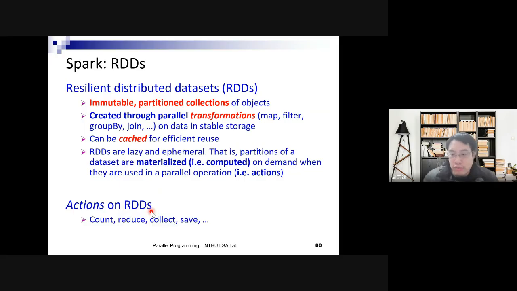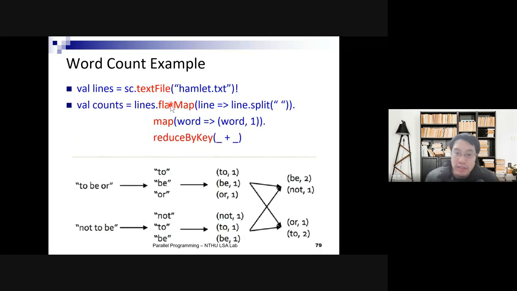Only when those actions occur will Spark backtrack from the existing RDD, go through those processes, and only store the final one in memory. So those temporary results may not be stored in memory. Only the final result, or the result requested to be cached, will be materialized and become the real data set stored in the shared memory.